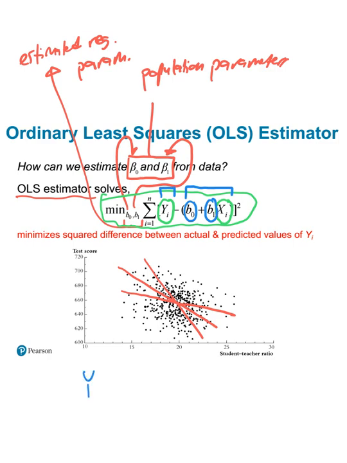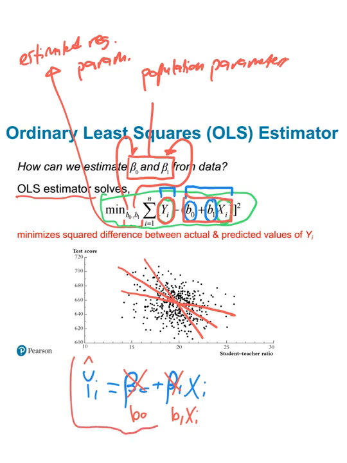Because we said that yi, the true population regression equation, is beta naught plus beta 1 xi. If we instead substitute these betas with b naught and b1 times xi, then we're estimating our yi, because we're using estimates of our population parameters. So yi is our true observation of y, and b naught plus b1 times xi is our estimated value of yi.